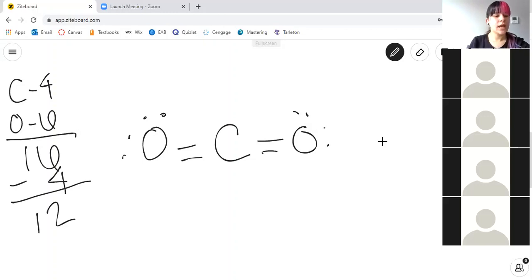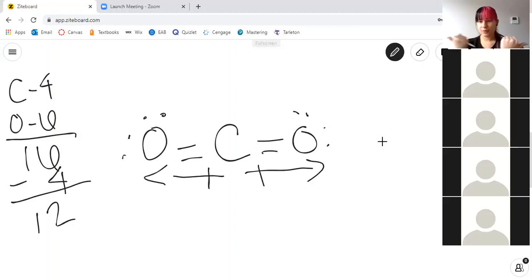So look at carbon and oxygen on a periodic table. Which one is closer to fluorine? Oxygen. So that means there's going to be a pull towards the oxygen because it has a higher electronegativity. So this is a polar bond, and this is a polar bond. But do you notice how they pull in opposite directions?